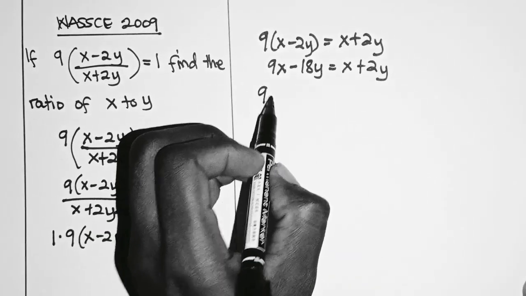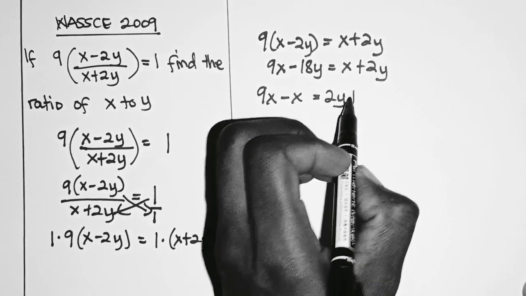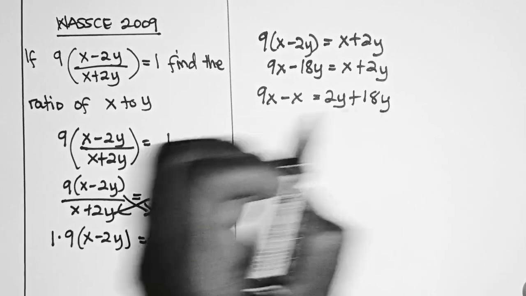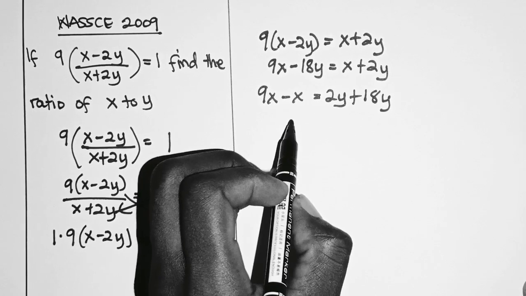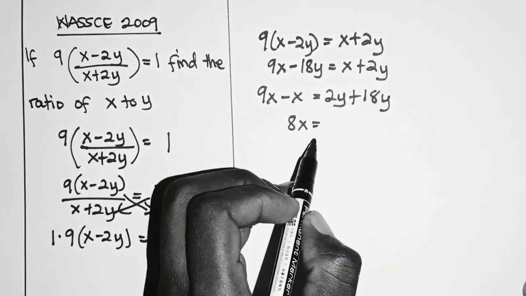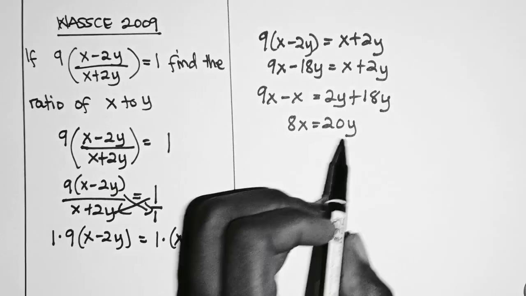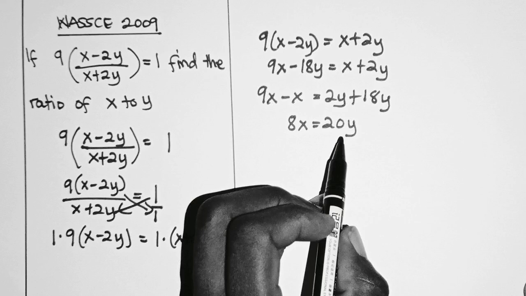So we now have 9x minus x equals 2y plus 18y. So 9x minus x is 8x, equals 2y plus 18y, which is 20y. But we are looking for the ratio x is to y.